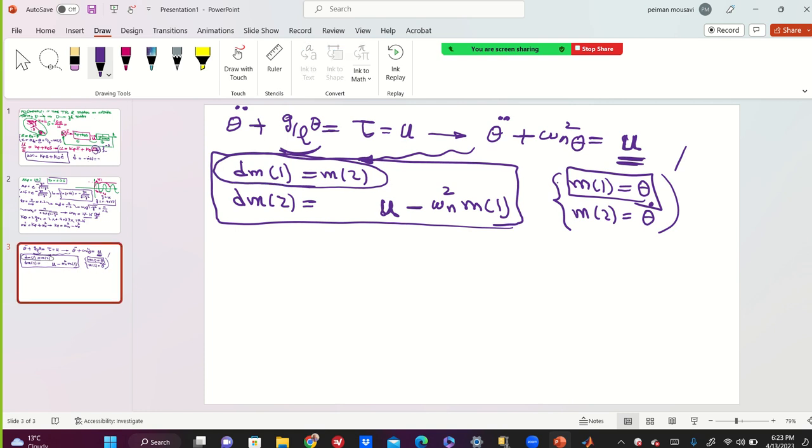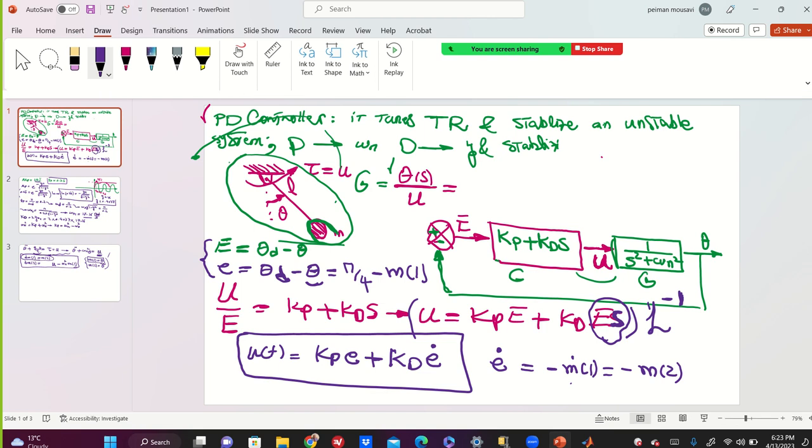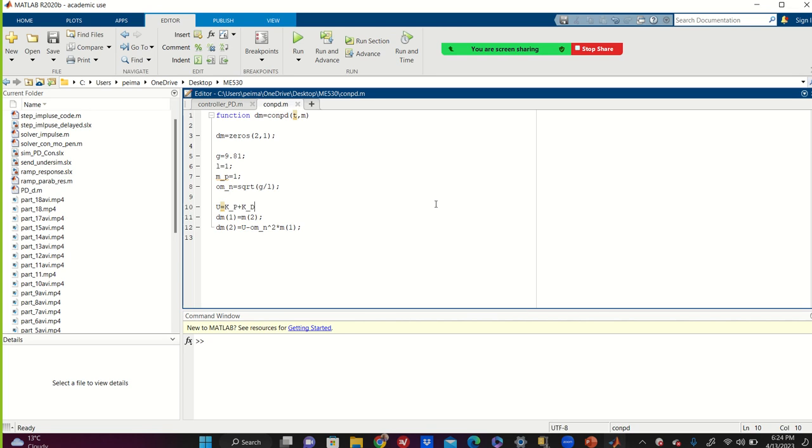M2, so minus M2. Here we go. You see, it's interesting, right? Because when your system becomes complex, it's better that you code it. So it's gonna be E and DE, meaning E dot.